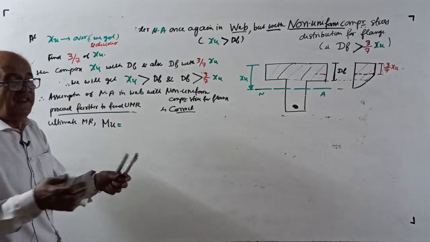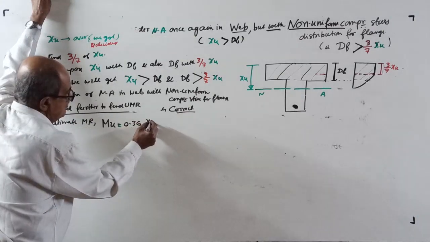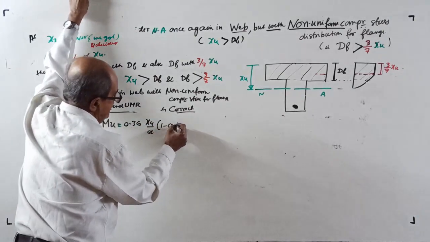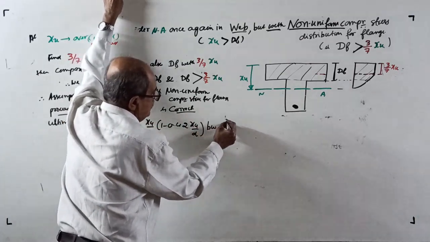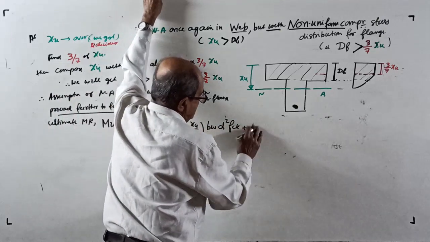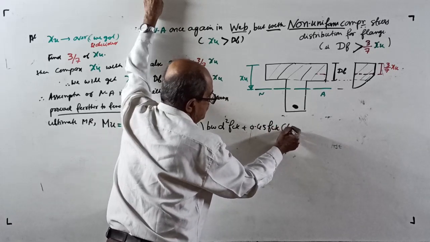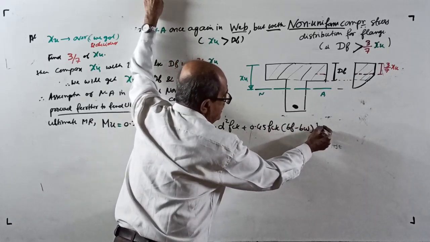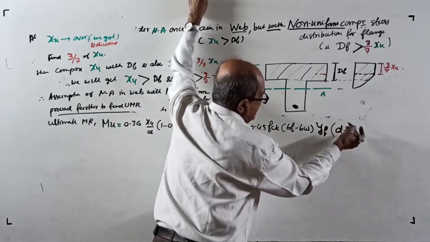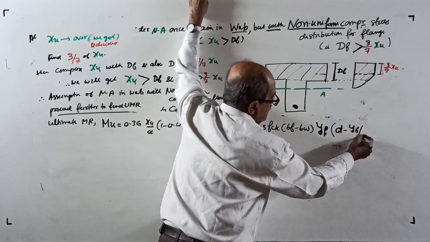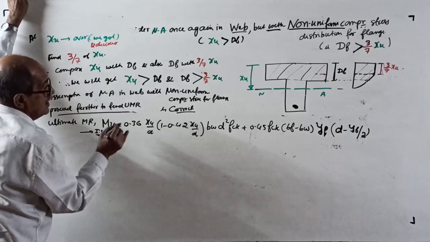Without seeing anything, I am writing by deriving. I am actually deriving now. 0.36 into XU by D into 1 minus 0.42 into XU by D into BW into D square into FCK plus the stress there, 0.45 FCK into BF minus BW into YF into D minus, earlier DF by 2, now D minus YF by 2. Actually, remember, it is given in IS code. Okay, over.